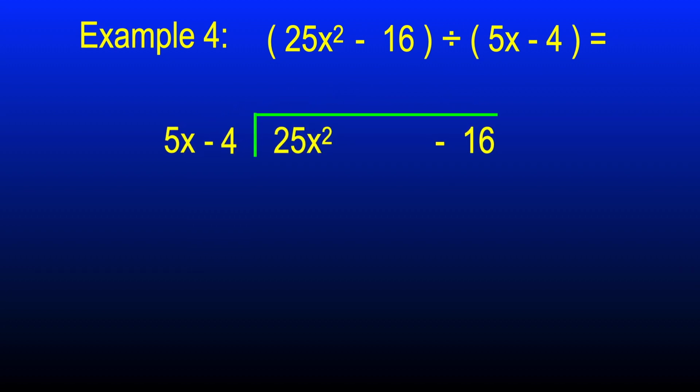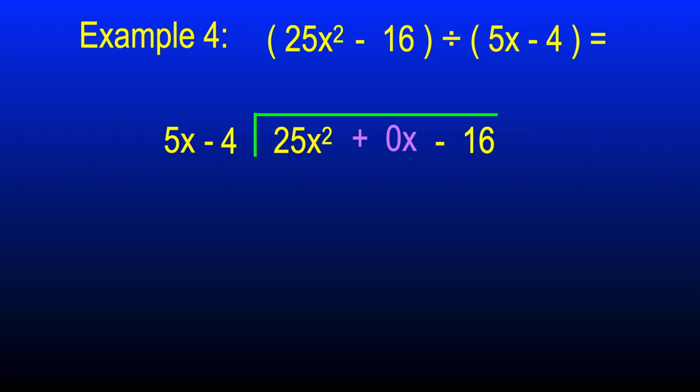So, 25x squared minus 16, mayroong space, divided by 5x minus 4. So, i-write natin yung missing term. Ayan, plus 0x.